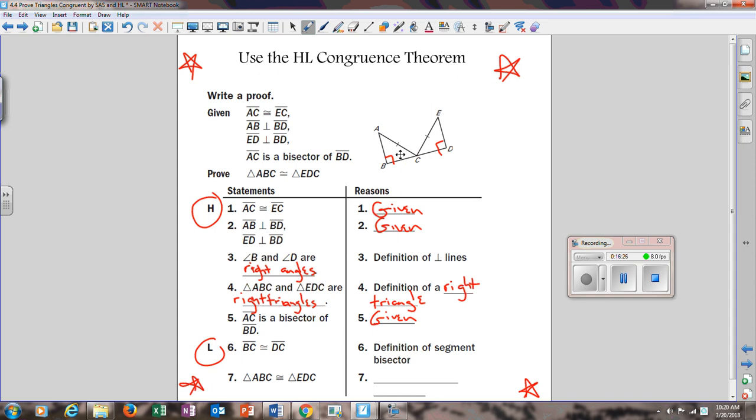So then you know BC is congruent to CD. And triangle ABC is congruent to triangle EDC. You know that because of HL. That's all you need. So this is an example of how hypotenuse leg is used.